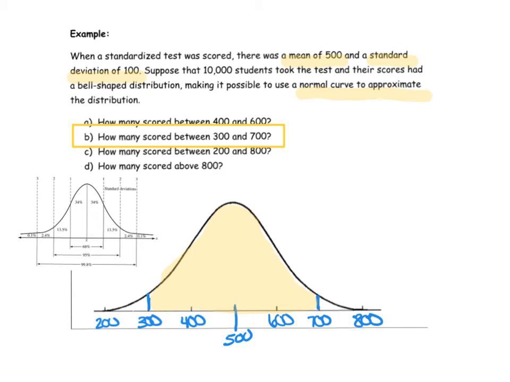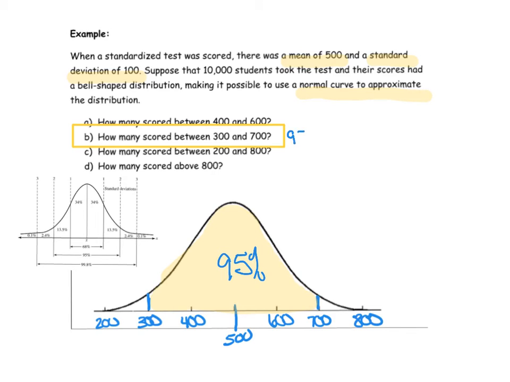Recall from earlier that our empirical rule told us that 95% of the data lied within 2 standard deviations. So since 300 is 2 standard deviations below the mean, and 700 is 2 standard deviations above the mean, it means that I know that 95% of my data lies between there.